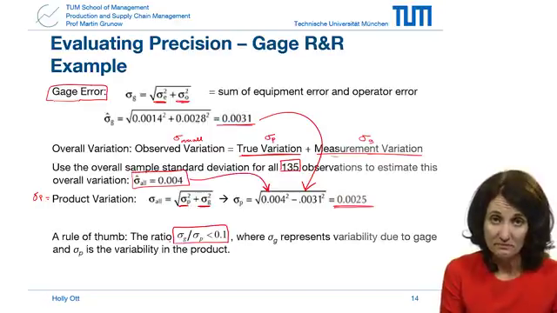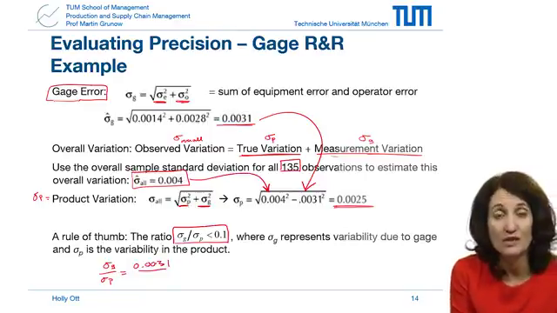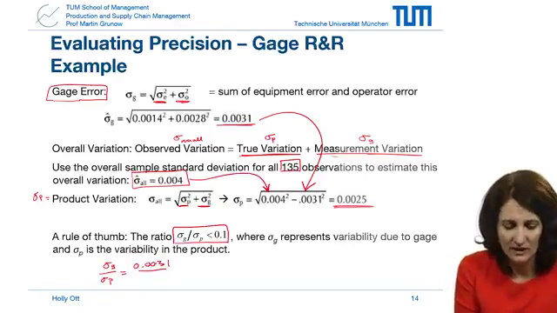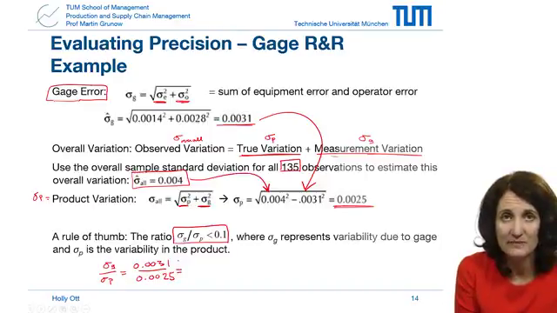Now, what happens in this example? Sigma g over sigma p, we get 0.0031. Don't forget, these would be, in our course, given to us. We don't have to do the calculations. We have sigma p, 0.0025. Can you see the problem? Put that into your calculators.